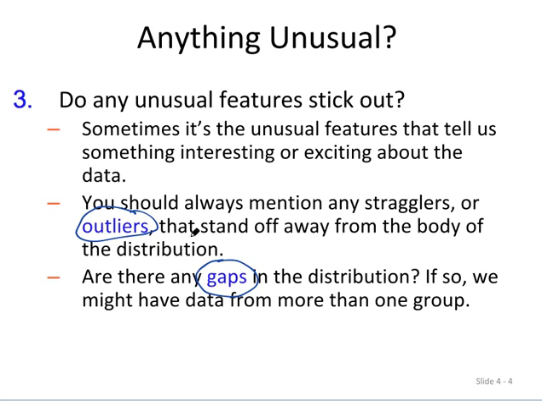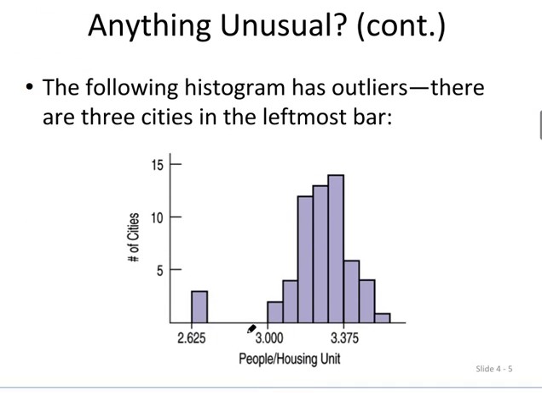Because it's either somebody filled something out wrong or it truly is an outlier, and that's something that needs to be discussed as well. So does something stand away from the data? Are there any gaps in the distribution? Do we have more data from one group than another group, or why might there be gaps, or are there gaps? So you're just describing any unusual things that stick out from the histogram that you're looking at.